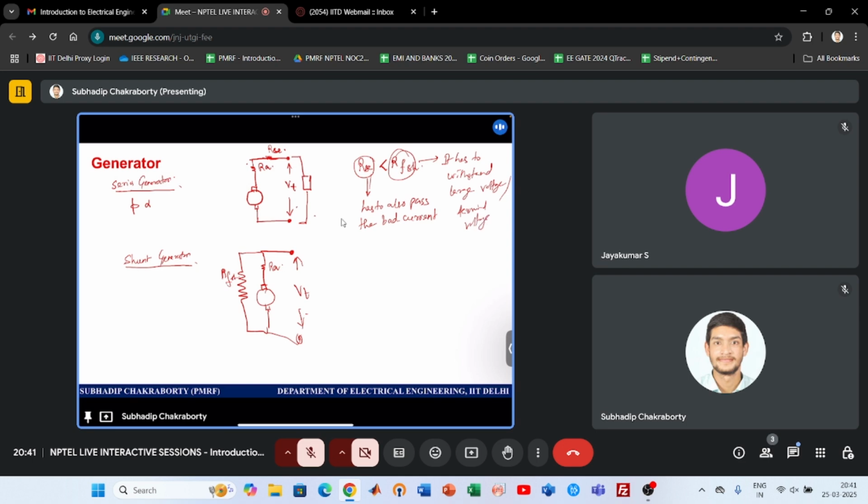So you get my point that, as per design, the series field coil resistance of a series generator is generally lower than that of the shunt field coil, right? And as you also understand, this flux is proportional to load current. If I consider load or armature current, both are the same.